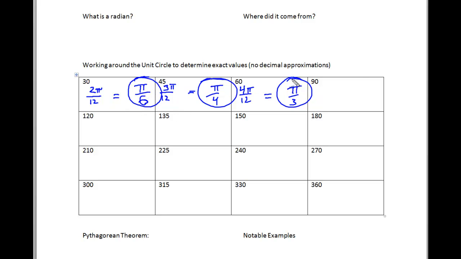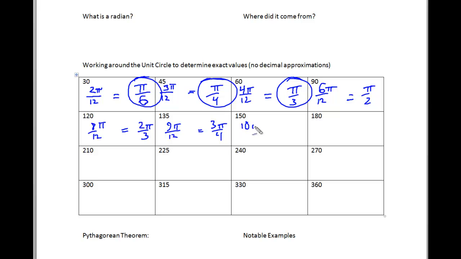And then we're going to get to 90 degrees, so it took me 6/12, halfway there, so that's pi over 2. So 90 degrees is pi over 2. We're going to keep going here: 8 pi over 12, which is 2 pi over 3. 9 pi over 12, which is equal to 3 pi over 4.